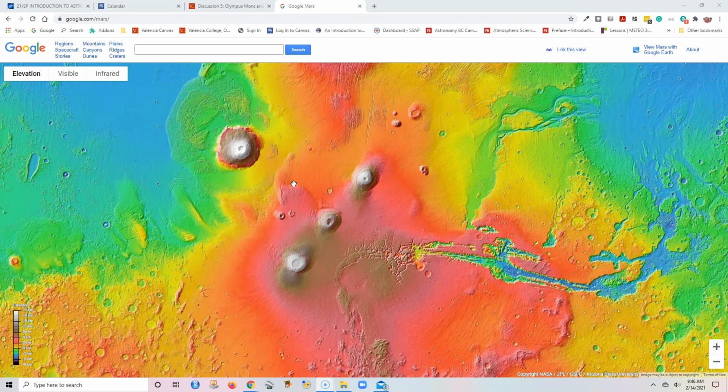Or is it more like multiple hotspots? Well, here's the thing. Whenever you look at the surface of Mars, you don't see any indication of what we would call plate tectonics. So because of this, you would have to presume that Mars does not have plate tectonics, which then leads us to deducing that these were actually formed by hotspots.